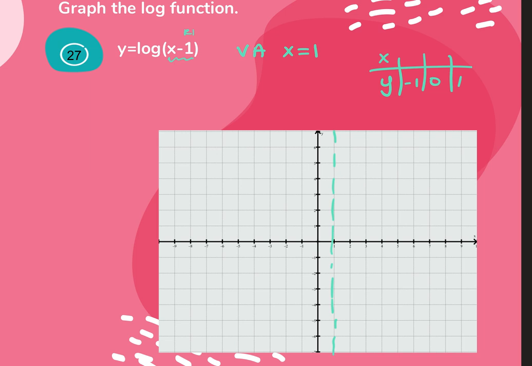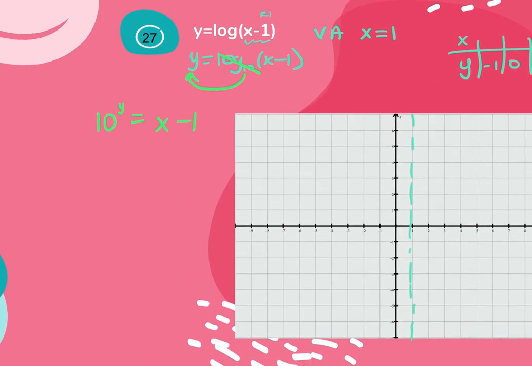What's the base on that log? 10. Now here's where it gets a little trickier. That 10 is going to come over and pick up the y. So it's 10 to the y equals, when it drops off, I get x minus 1 on the other side. Do we add it? Yep, you add the 1. So you want to get it set equal to x. Add the 1. But that 1 is after the exponent.